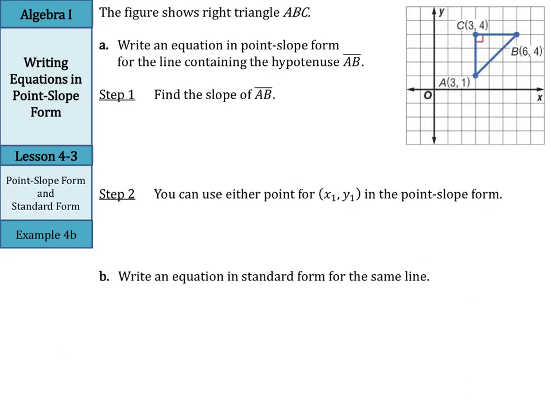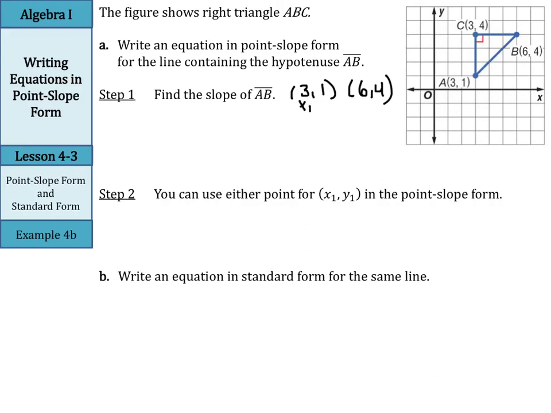Now if we do something similar here, the figure shows right triangle ABC. Write an equation in point slope form for the line containing the hypotenuse AB. Let's find the slope of AB. Well, A is (3, 1), and B is (6, 4).